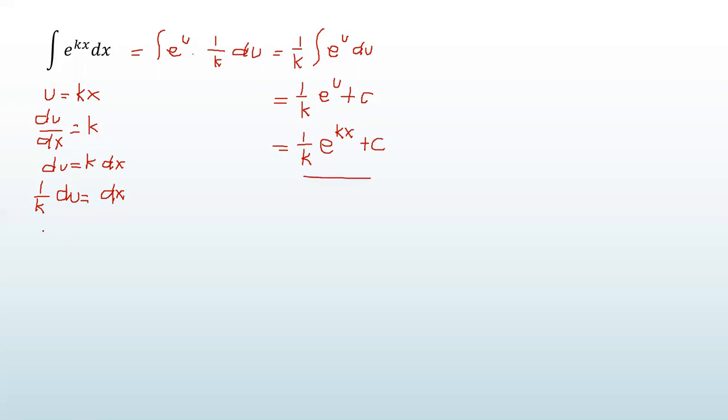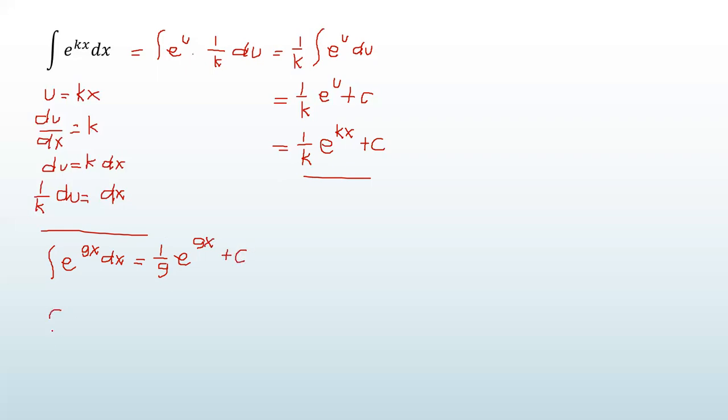For example, if you have the integral of e to the power 9x dx, according to this outcome, you may write the solution as 1 over 9 e to the power 9x plus c.